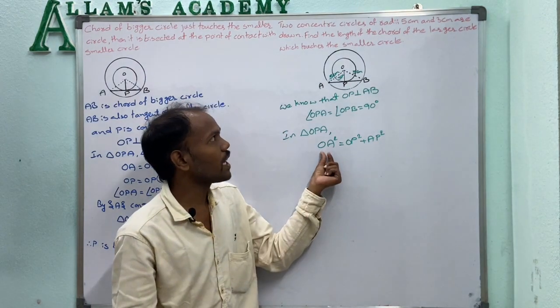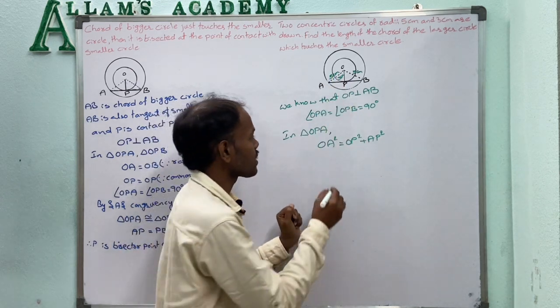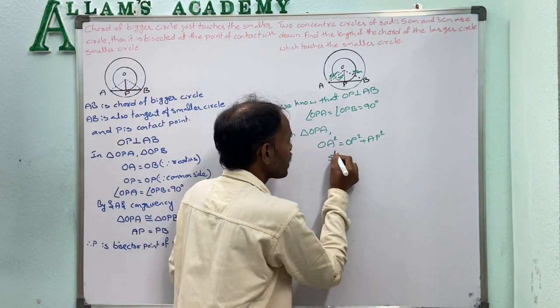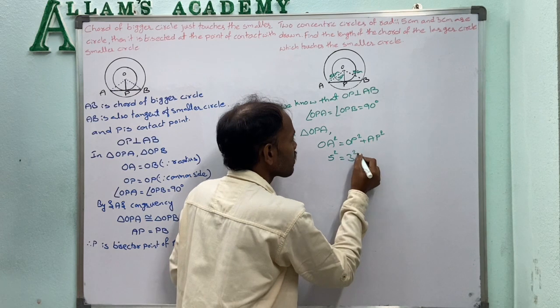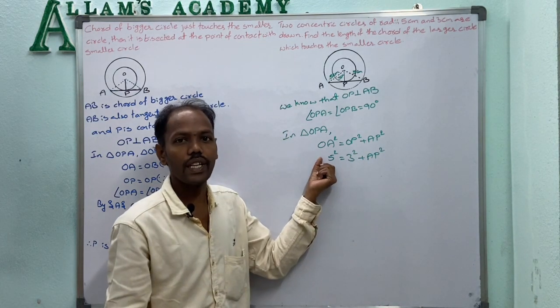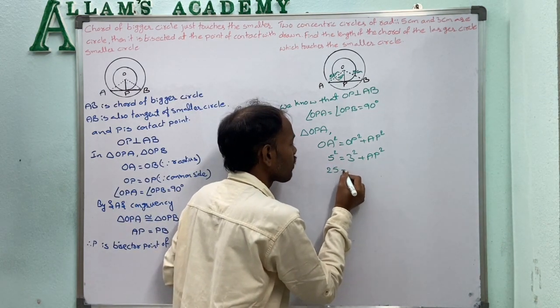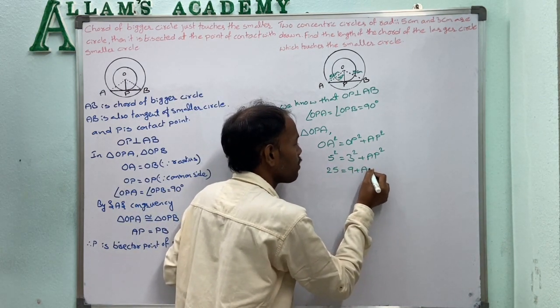OA length is 5 and OP length is 3, substituting, 5 square is equal to 3 square plus AP square. 5 square is 25, 3 square is 9. So 25 equals 9 plus AP square.